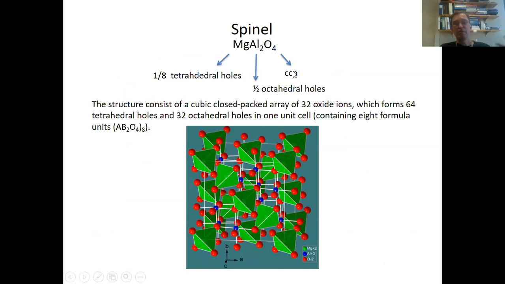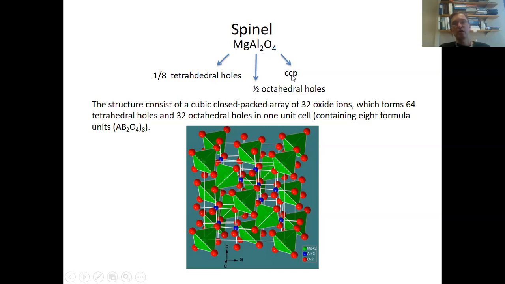So the parent compound of the Spinel structure is magnesium aluminum 2O4. In this case, we would have magnesium in 1/8 of the tetrahedral holes, the aluminum in half of the octahedral holes, and the oxygen atoms would make the cubic close packed structure.